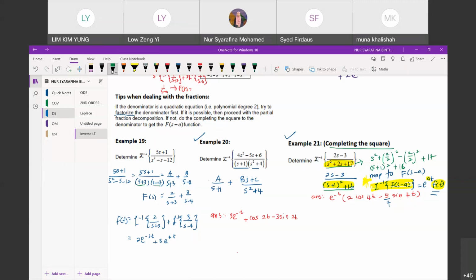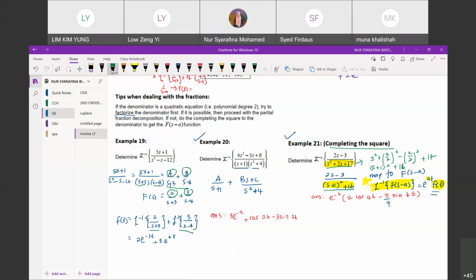So this is a linear factor. Then it can be decomposed to partial fraction. So find A and B. Try to find A and B on your own. Once you get A and B here, then you can inverse transform one by one based on the table of transformation. So this is easy because this is just the linear factor.